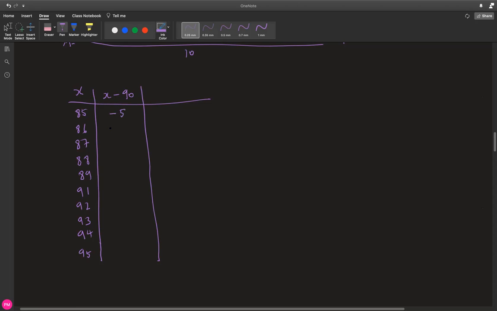For the second row, it will be 86 minus 90, so it's -4. 87 minus 90 is -3, -2, -1. 91 minus 90 is 1. 92 minus 90 is 2, 3, 4, 5. I hope that made sense. I thought that was very straightforward.